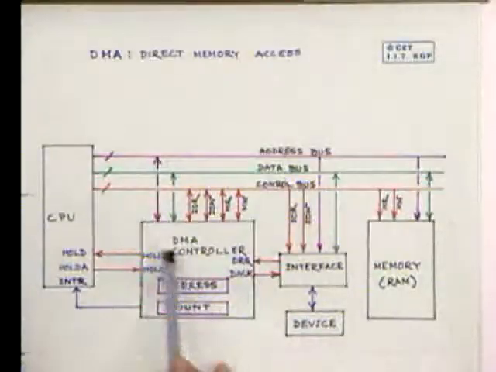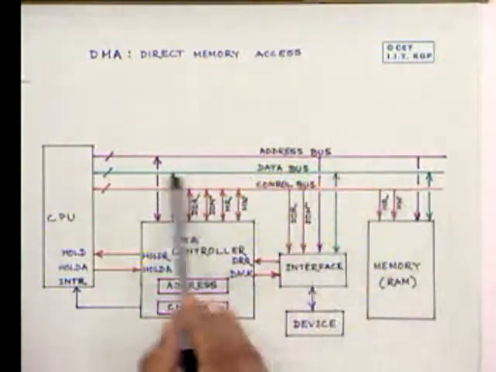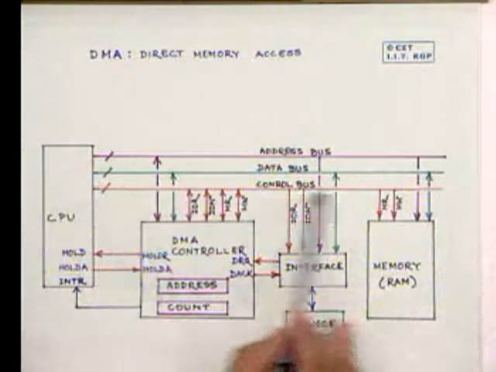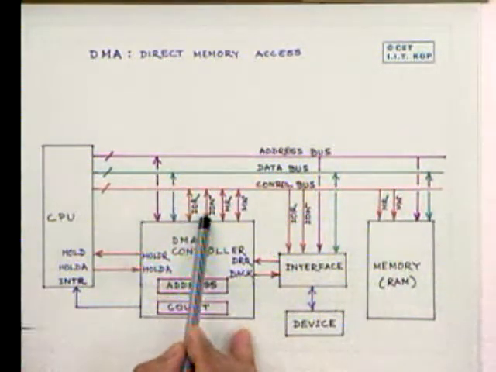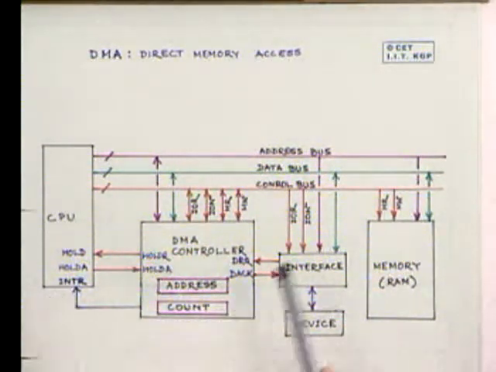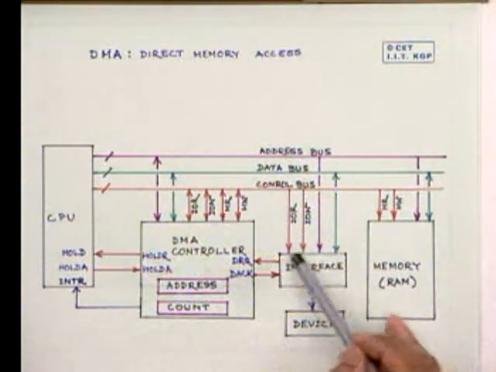Now you see the DMA has the address bus connected, data bus connected, and from the control bus, which has been shown in red, IO read, IO write, memory read, and memory write are all connected. Here, for this interface, we are assuming that it is IO mapped.